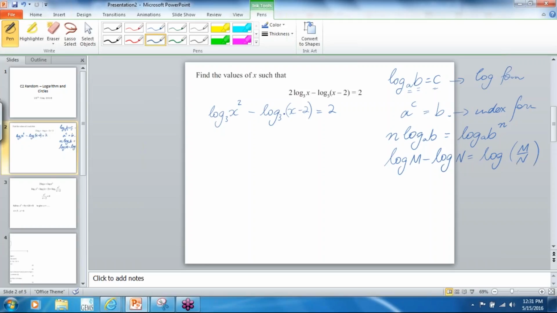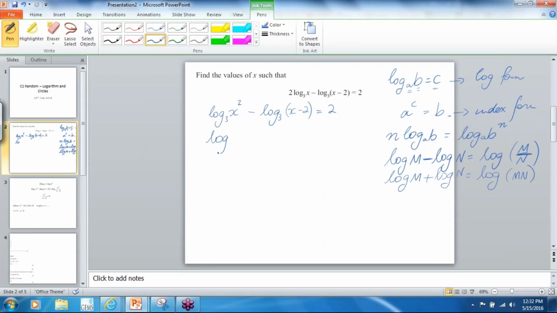So we've got a minus, therefore we're going to divide m and n. If it's a plus, we would multiply m and n. I'll just put that here. If it was a plus, then it would be the log of m times n.